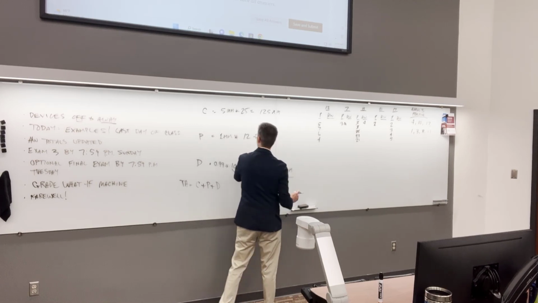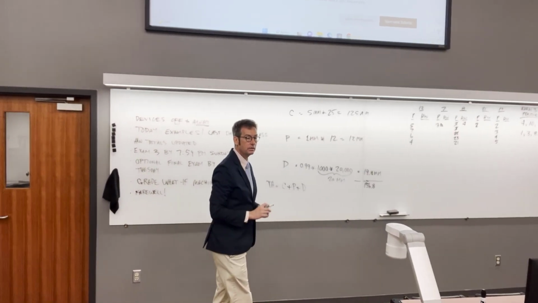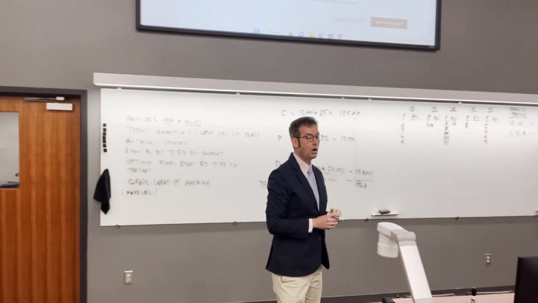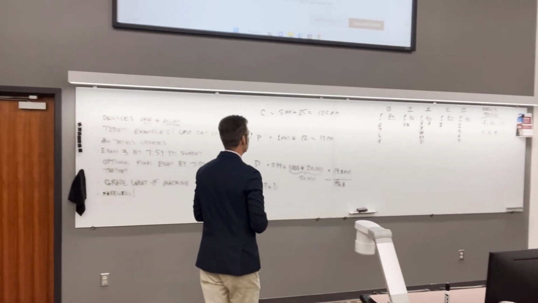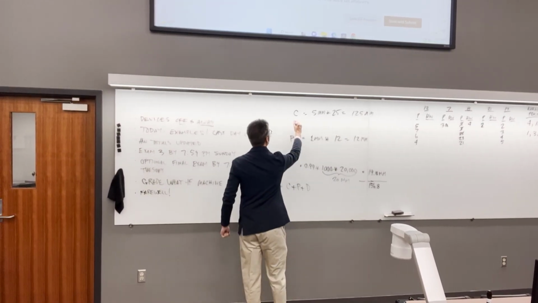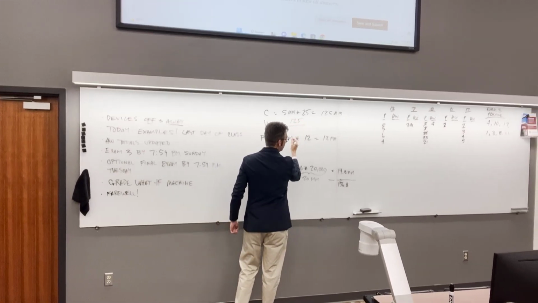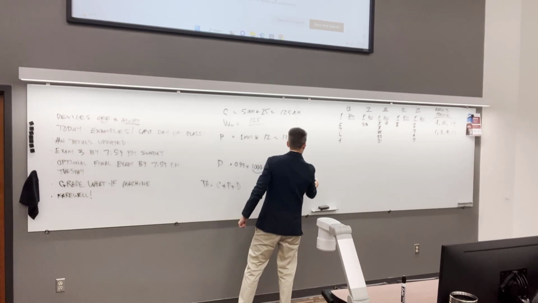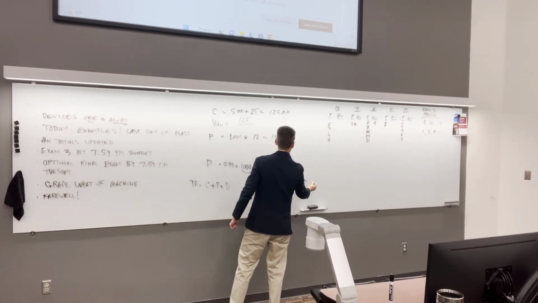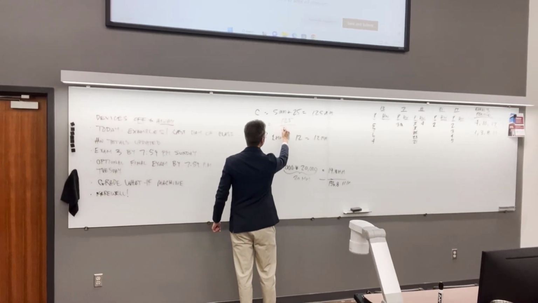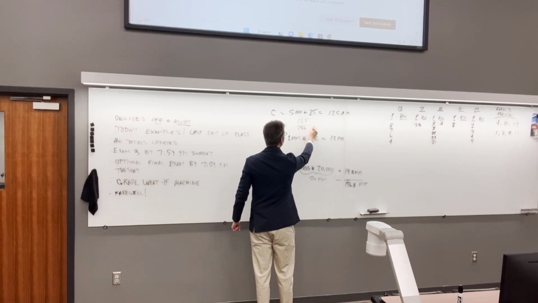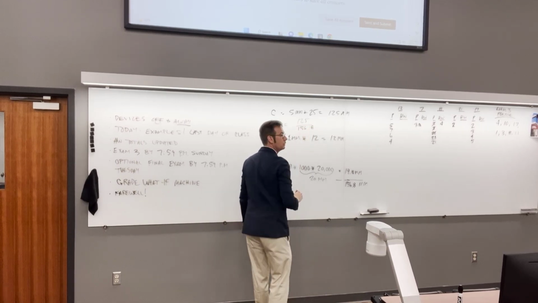Okay, now, can anyone tell me how we're going to find the weight on common equity? Yeah, it's going to be 125 divided by 156, and this is millions, right? That's 156.8. Now, you notice I am not doing anything with the millions here.